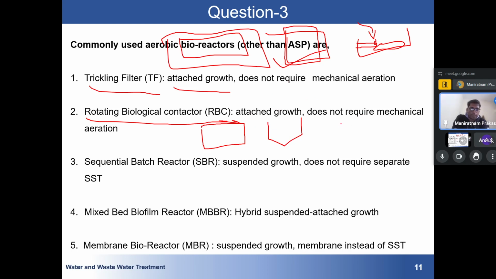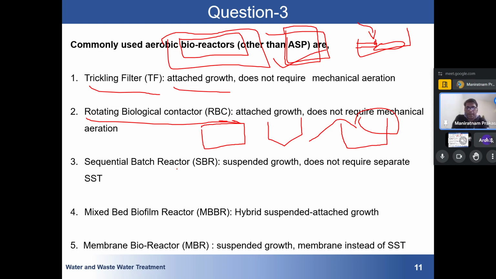Now imagine one arrangement which is circular in nature. Wastewater will come here and it will keep rotating. Simultaneously it is doing two things, and microbes will be attached on the circular plane. So it is also providing oxygen, and it is also degrading this organic matter. So it is doing two works simultaneously.